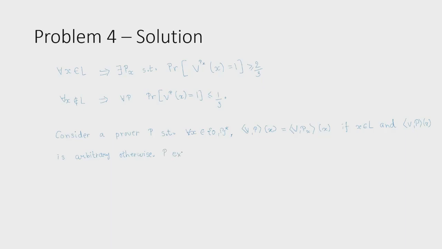P exists because an all-powerful Turing machine or functional prover should have no problem computing or finding Px given x, right?